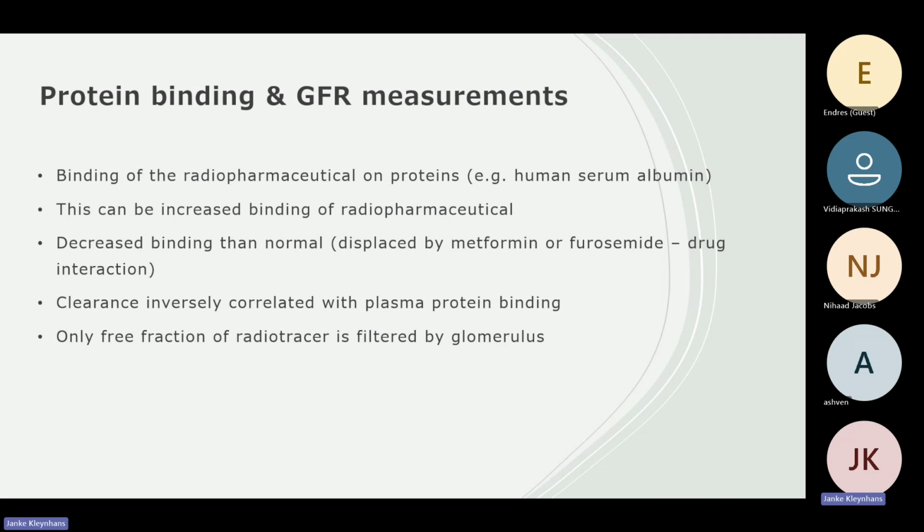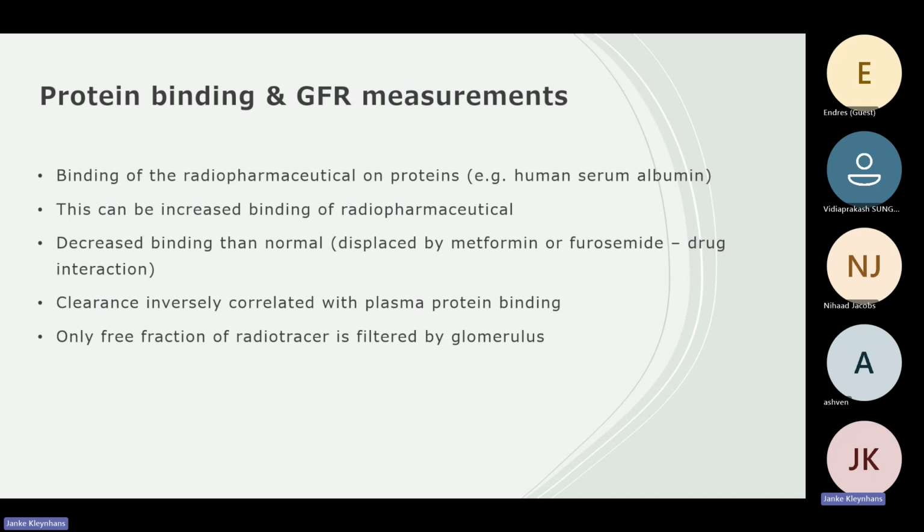On the other hand, if you have drugs like metformin or furosemide that like binding to proteins more than the DTPA, they can displace the normal 10% that is bound to these proteins, and then that can lead to an increased GFR measurement, which is not the actual function.